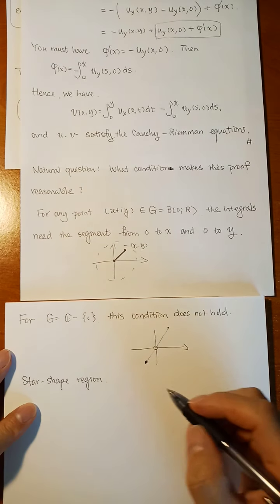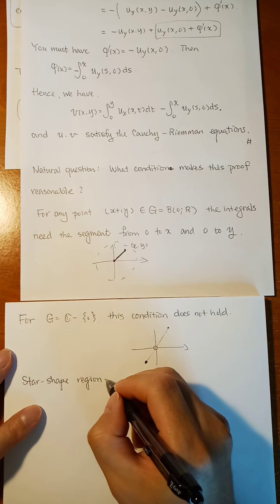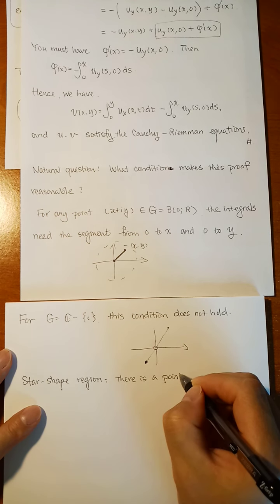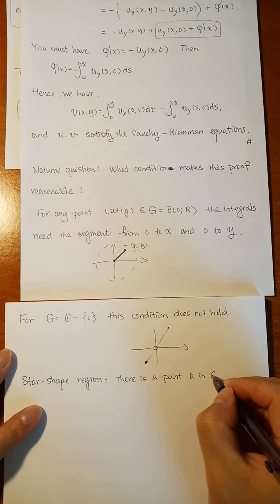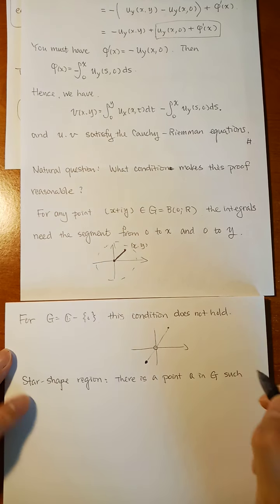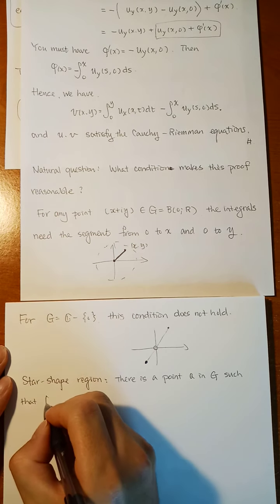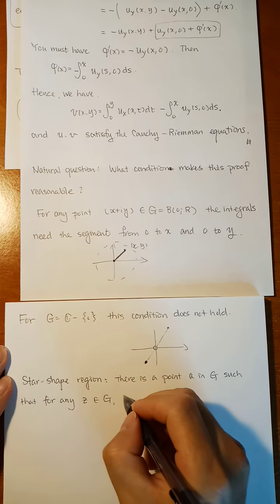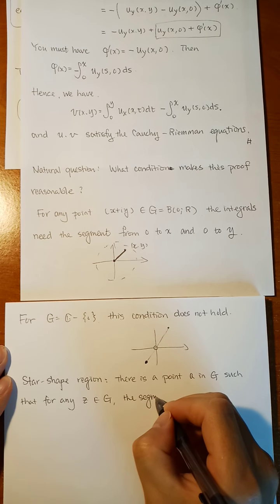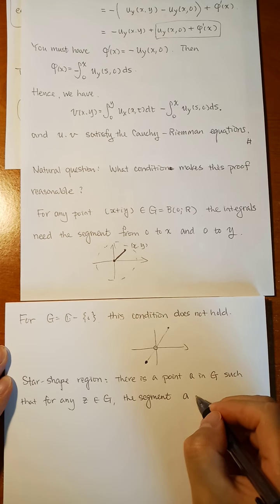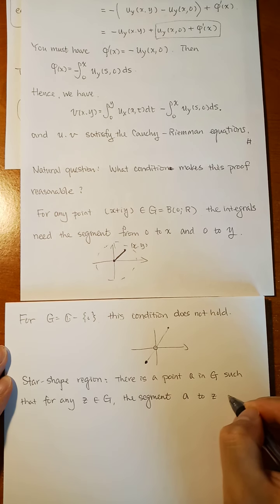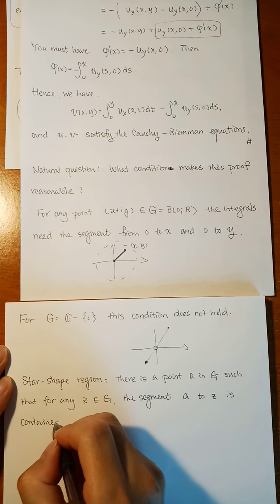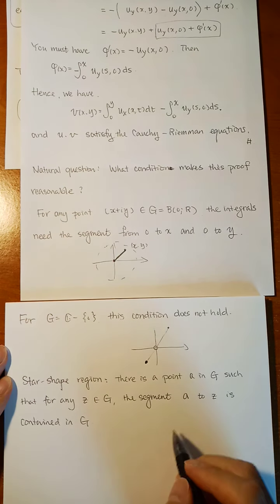What is a star-shaped region? It means there is a point A in G such that for any Z in G, the segment from A to Z is contained in G, like this.